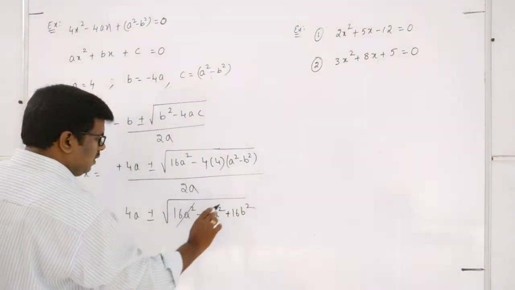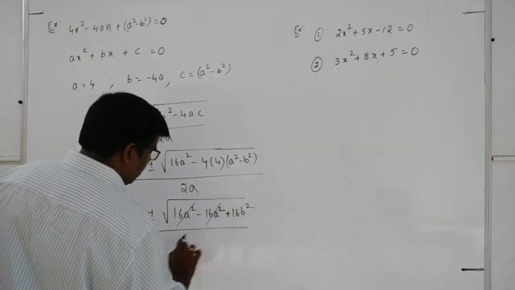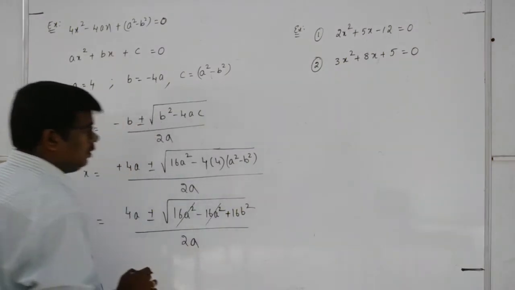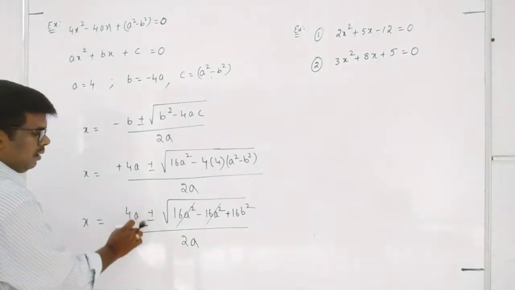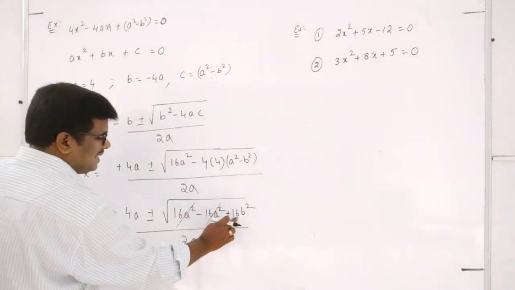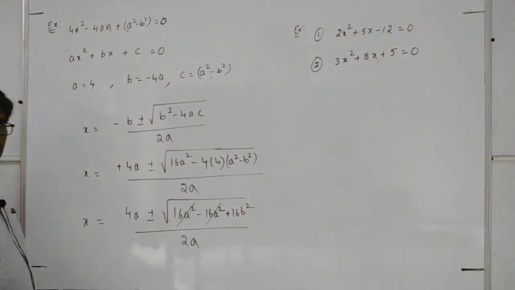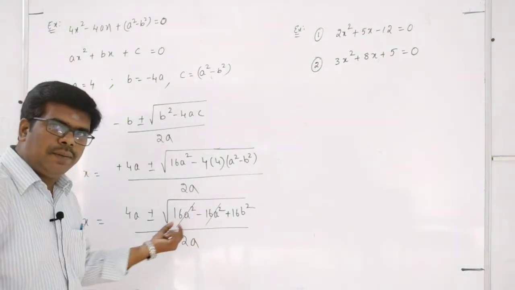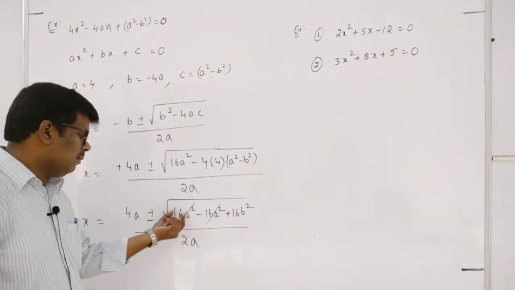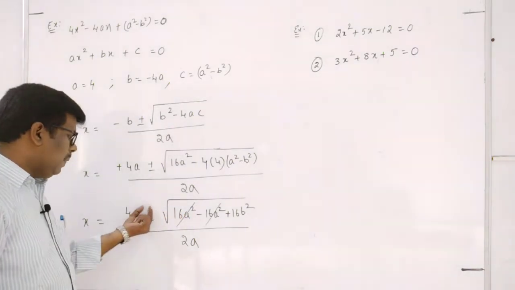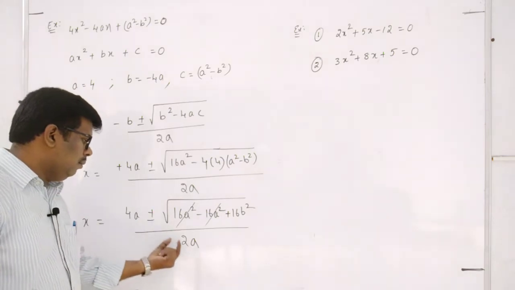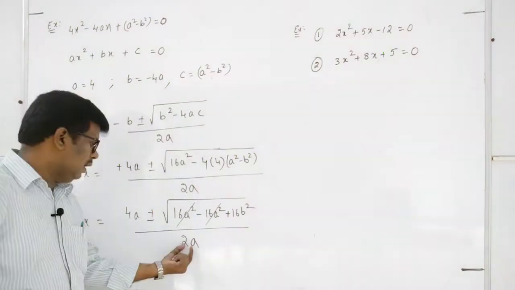Now plus 16a square minus 16a square cancel, and in the denominator you have 2a. And if you simplify this, 4a plus or minus under root 16b square. When 16b square comes out from the root, it will be 4b. So 4a plus or minus 4b by 2a will come.